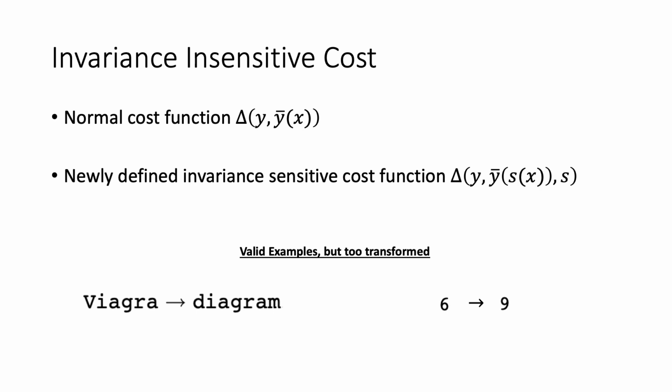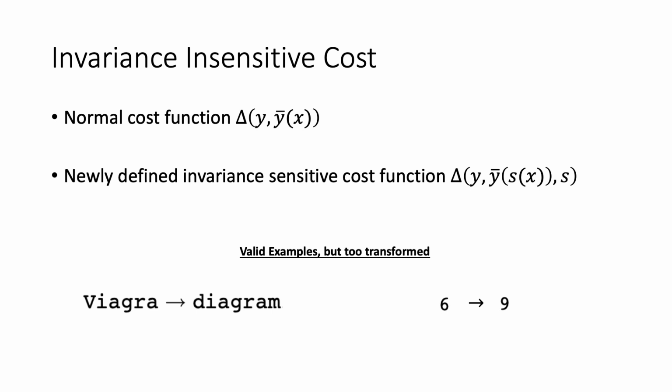And then we also want to pass in the transform itself. Now, the reason that we want to do this is because some of the transforms will be too far away from the original input, and we don't want to penalize ourselves too highly for that.